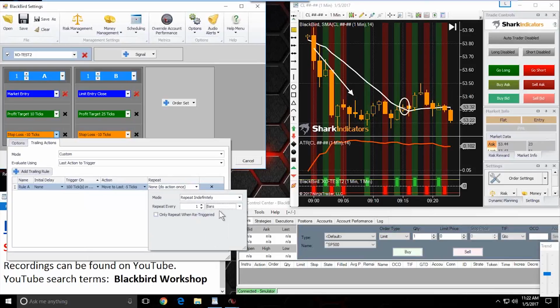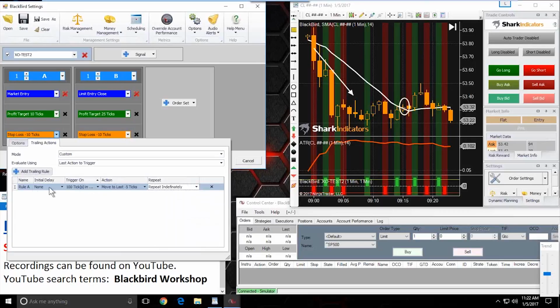Right, there's ticks or bars. So in a roundabout way, the repeat could be used to determine if the trailing rule evaluates on a tick-by-tick basis or at the bar close.